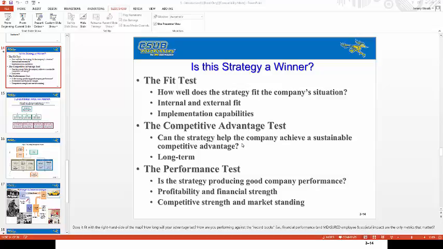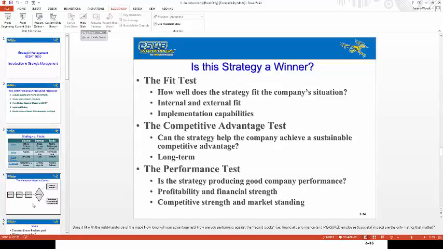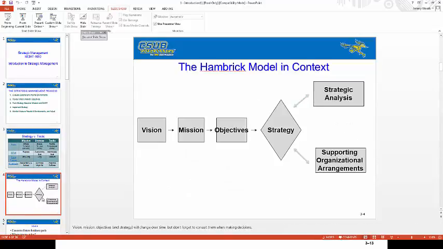So one of the first things you want to ask yourself is how well does the right hand of the model fit with the left hand of the model? So if I go back in the slides a little bit, how well does your strategic analysis and supporting organizational arrangements fit with your vision, mission, and objectives? So question number one.